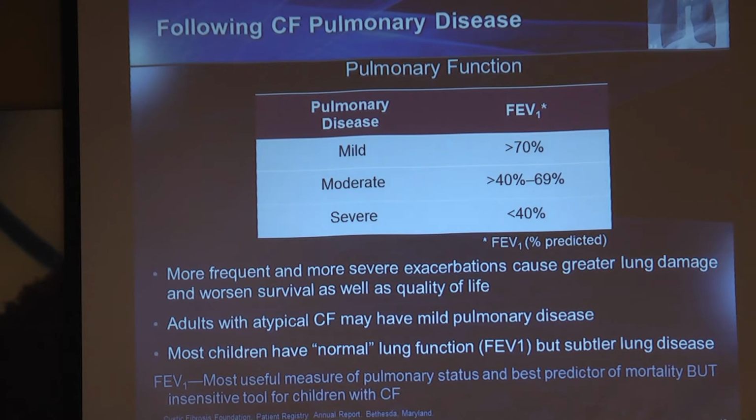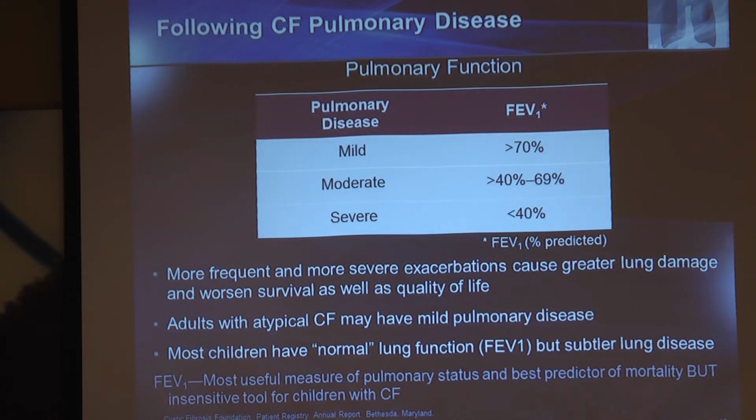That's been the benchmark that has been very important, not only for care of patients, but from a regulatory viewpoint, approval of new drugs. The FEV1 is the only test that the FDA has really accepted as a surrogate for outcome in CF. So if a drug company, whether it be Vertex or Genentech or anybody else, wants to get a drug on the market to treat people with CF, they need to show some change in the FEV1 suggesting a survival benefit.